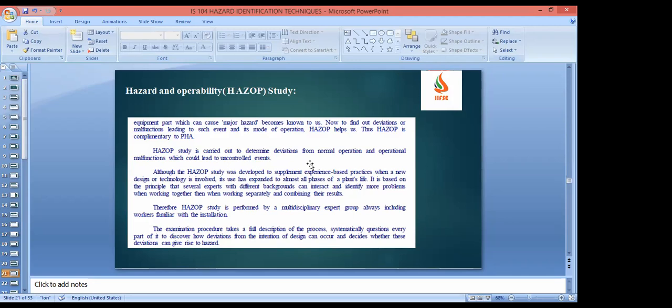So we use it to identify the deviations from the normal operations, what kind of deviation can happen from the normal activity.